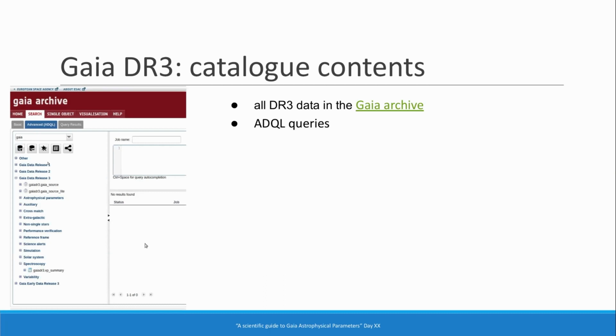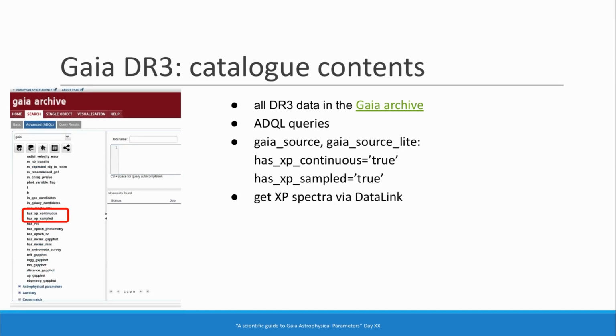And you can see, obviously, there are data release 1 and 2, and most recently, data release 3. And you can see here the two main catalog tables, which are Gaia Source and Gaia Source Lite. As the name suggests, Gaia Source Lite is just a light version of the first one. It doesn't have all the columns of the first one, but it has the most important columns, and because it's more lightweight, it's faster to query.